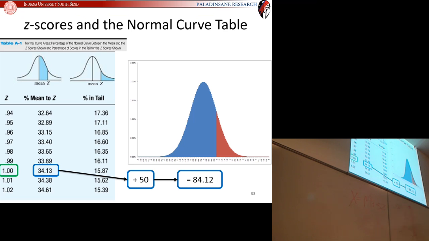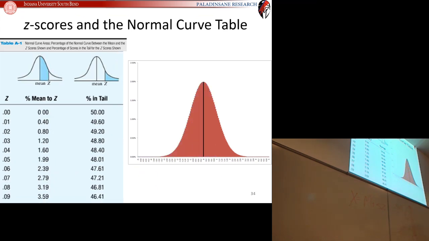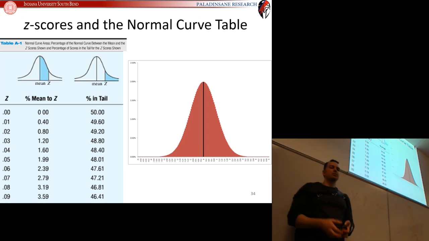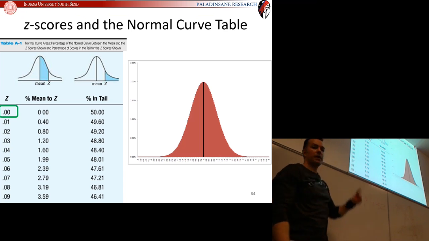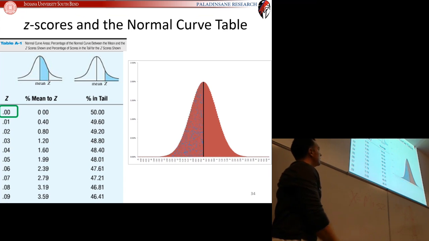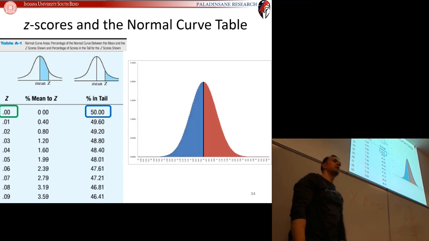All right. So the last thing I want to mention is just a little bit of weirdness with the table. First off, if you have a z-score of 0, the proportion below that z-score is going to be 50% because the z-score of 0 cuts your unit normal distribution right in half.